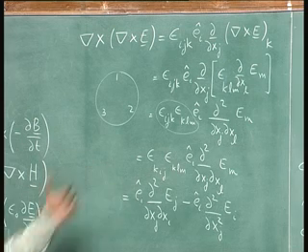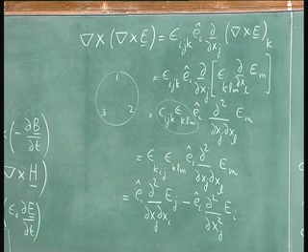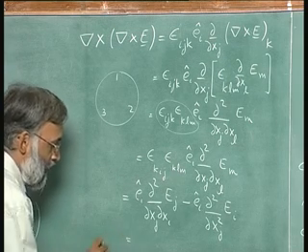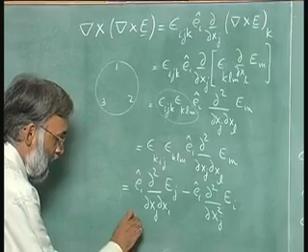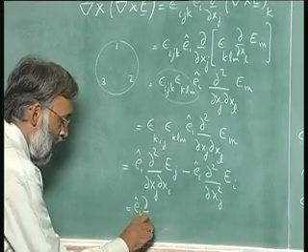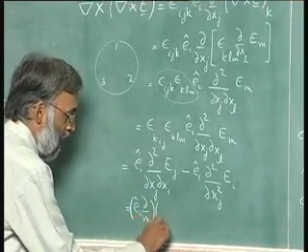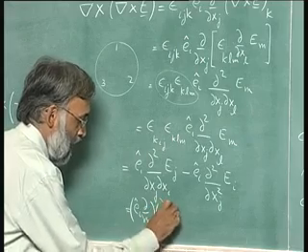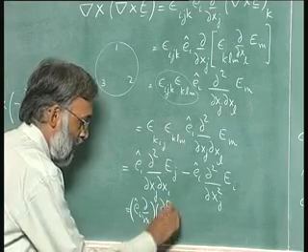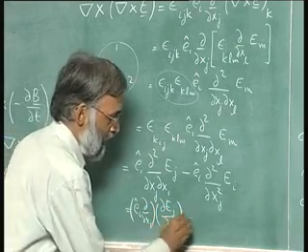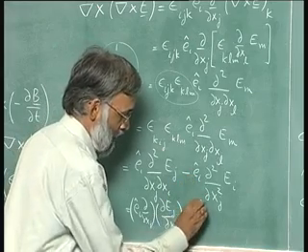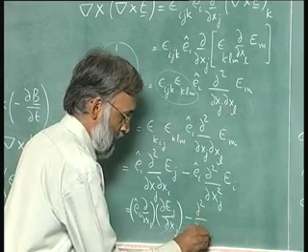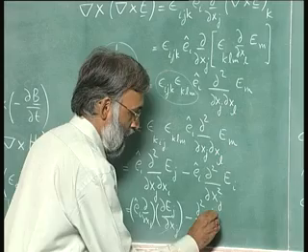Now, we need to make sense of this. It is equal to E_i del del x_i acting on E_j del x_j minus del squared del x_j squared acting on E_i.